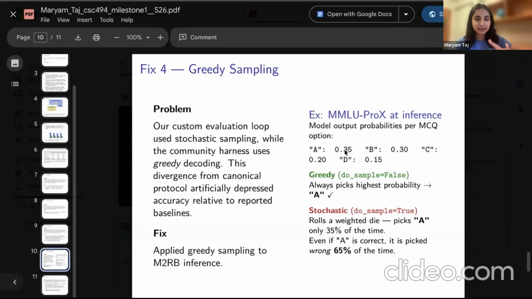So in our case, if A has 0.35, B has 0.30, C 0.2, and D 0.15, we'd always pick A. The other is what we were initially doing, which is stochastic, where you roll a weighted die. So we would pick A 35% of the time. Even if A was correct, it wouldn't pick it 65% of the time. So those were our key fixes that got us back to baseline.